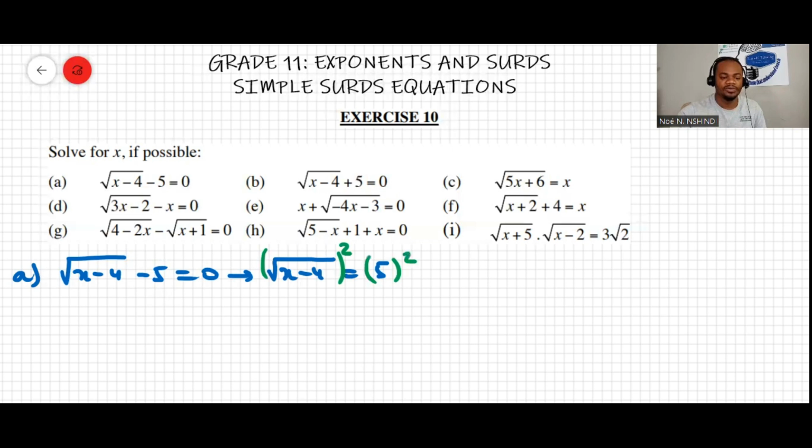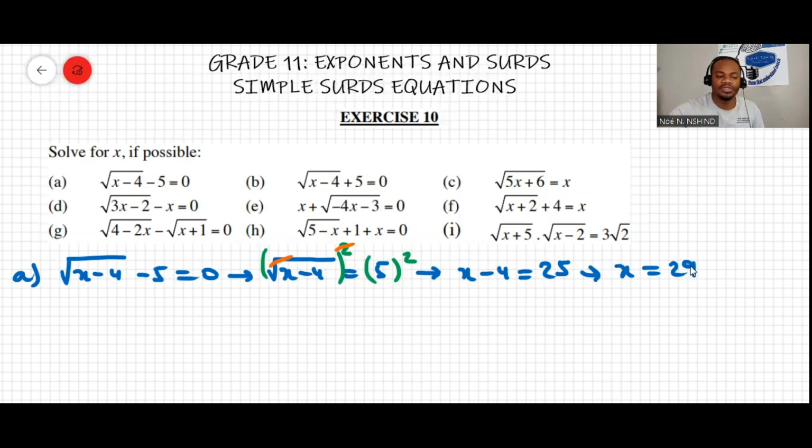So knowing that this power of 2 will cancel the square root, then this will be x minus 4 equal to 5, not 5, but 25. Now, if I move the -4 over, 25 plus 4 will become 29. So 29 is the solution of this question. You can check it.